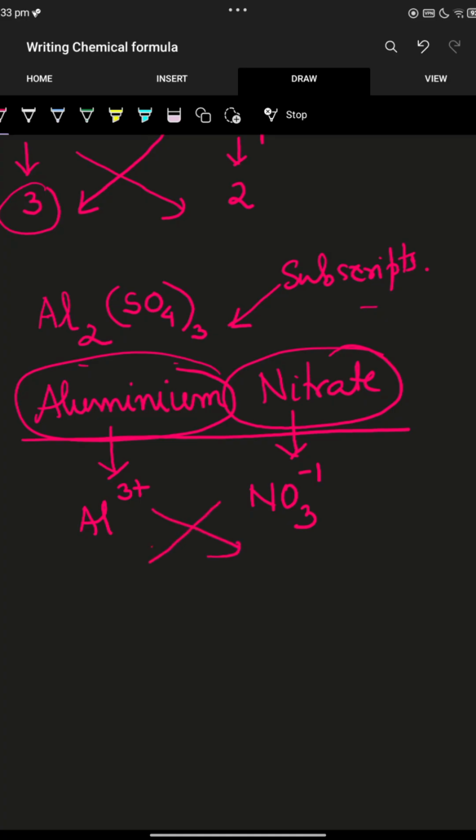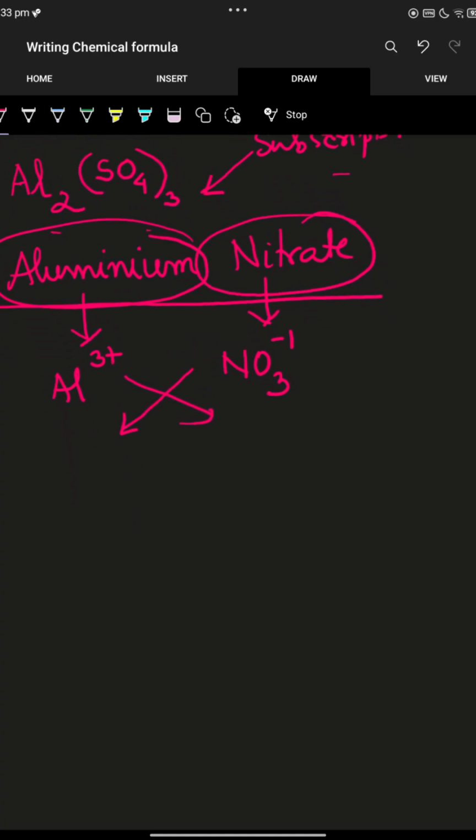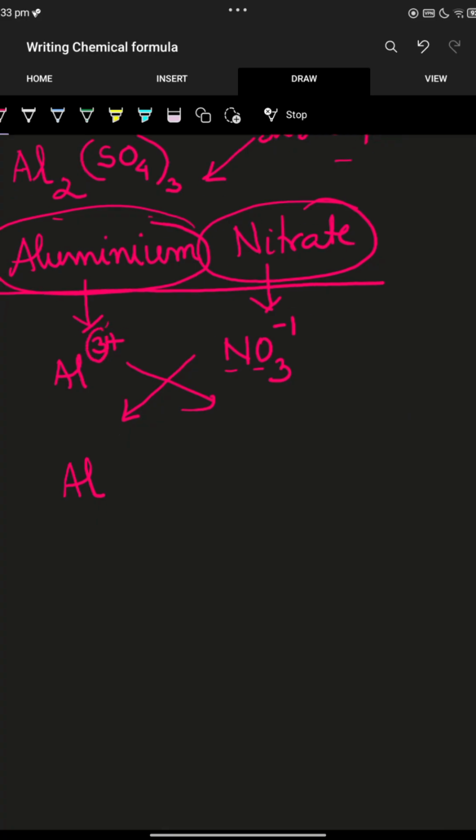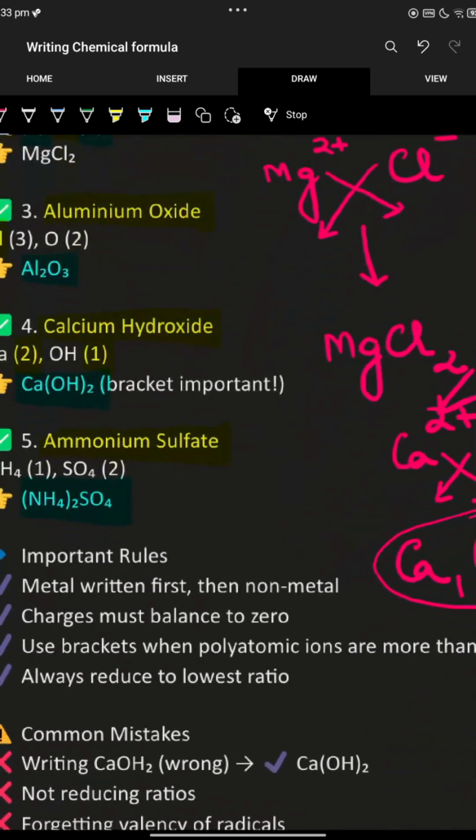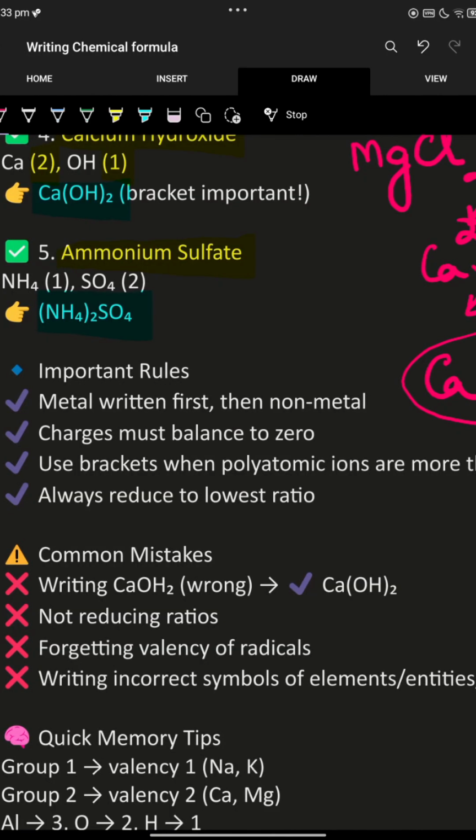Do crisscross of valency. Al will get 1, so we are not writing. Nitrate is polyatomic, having nitrogen, having oxygen, and this is 3, which is greater than 1. So use bracket (NO3)3. This is aluminium nitrate.